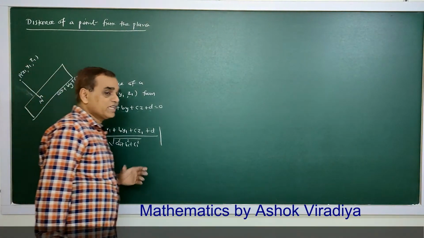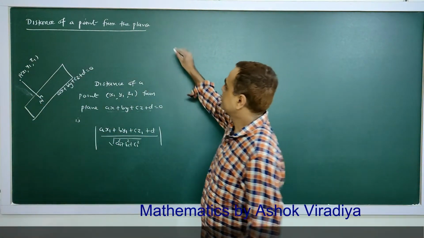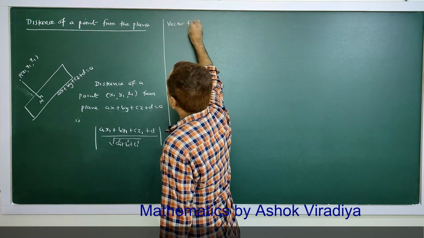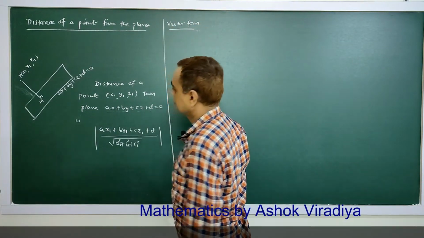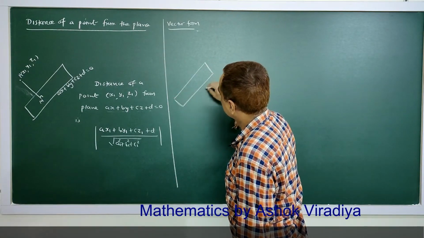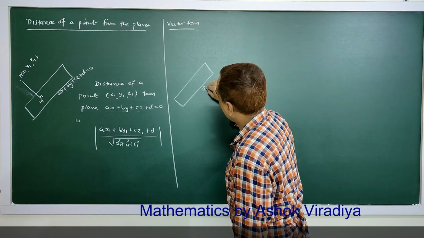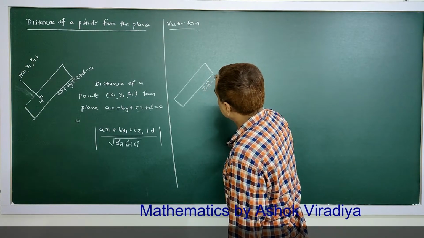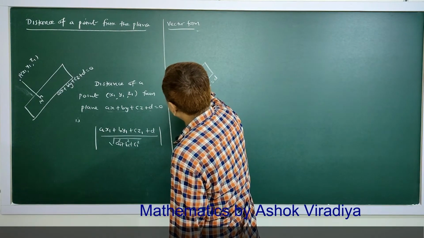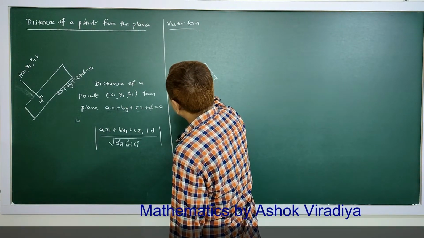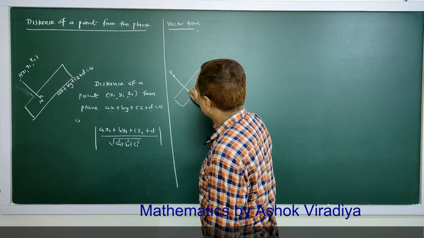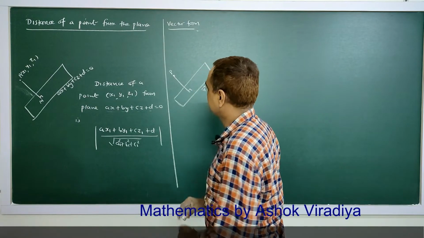Now we can also put its vector form. So its vector form is, suppose plane is vector r dot vector n is d, and here this is a point whose position vector is vector a. Here we want this distance.